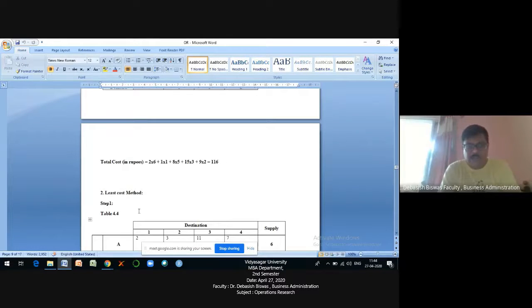That means it is higher than the least cost method result. So between these two methods, we can say that the least cost method is comparatively better.